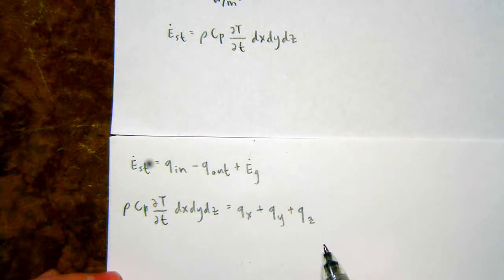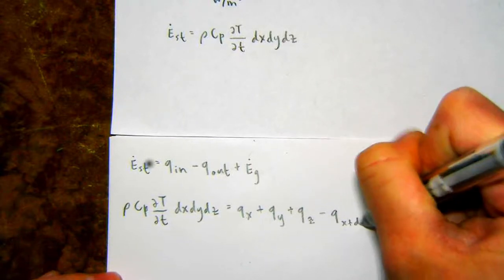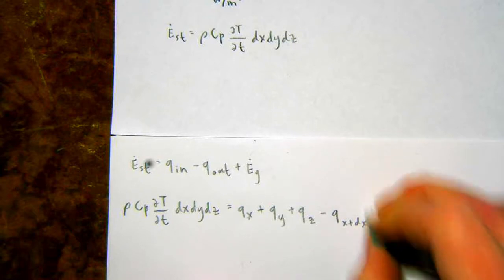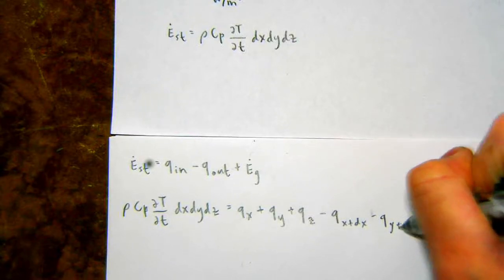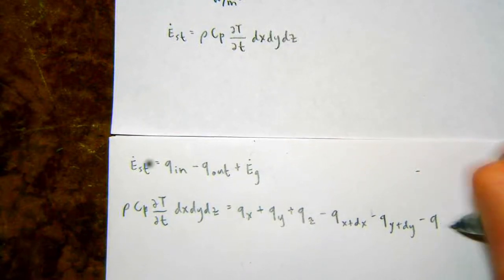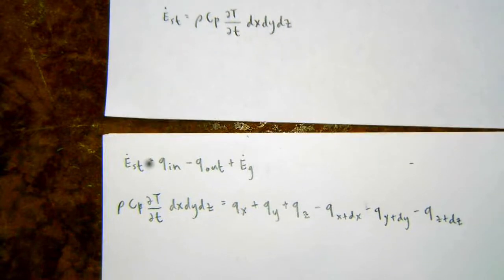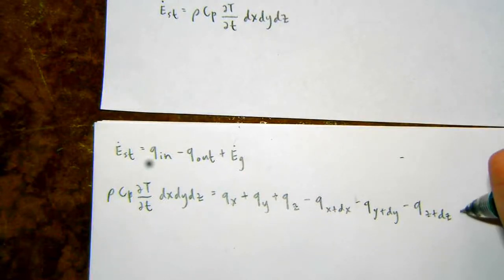And then the outlet terms, which get subtracted, are the X plus dx, sorry, that should be a minus, Y plus dy and Z plus dz. So nothing particularly new here, just plugging in all the expressions that we derived. And then finally, the energy generation.